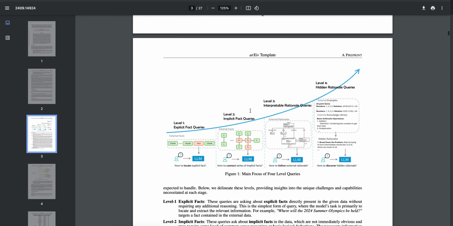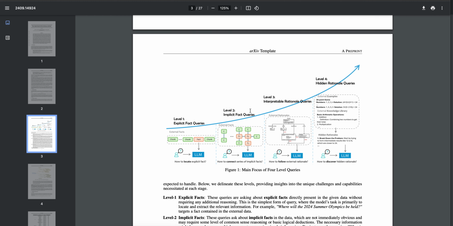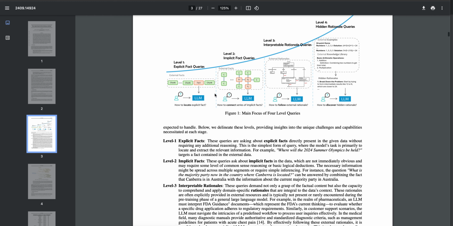Now the four things that they have divided are four types of queries. The first type is one which contains explicit facts, which is pretty clear. Let's say, where will the 2024 Summer Olympics be held? It's pretty clear because it is targeting a fact contained in external data, as they are saying. Second is implicit facts. What are these? Let's say, what is the majority party now in the country where Canberra is located?